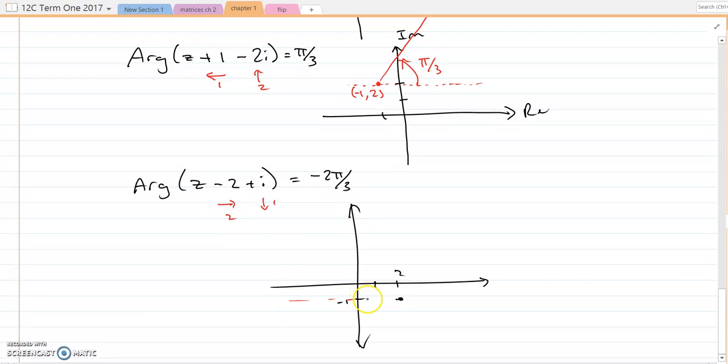Okay, so here's our horizontal, so we're going to make this angle from the x, so it's going to come down this way, negative 2 pi over 3. So negative is going down, which is 120 degrees. So basically this is our line. Okay, finished.